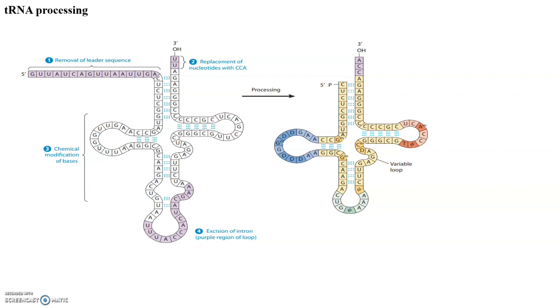It also contains 4 base-paired regions and a variable loop. The leader sequence is removed, and then the CCA group is added, and then chemical modification of bases is done in the variable region, and the intron is excised from the purple region of the loop.